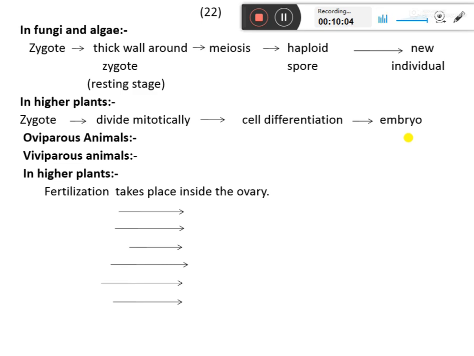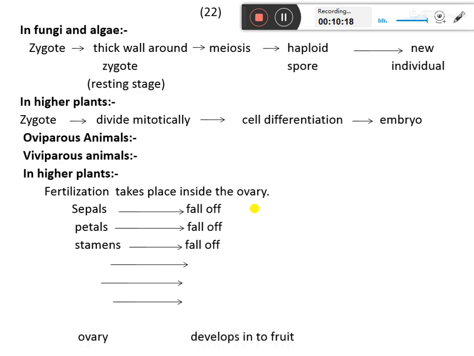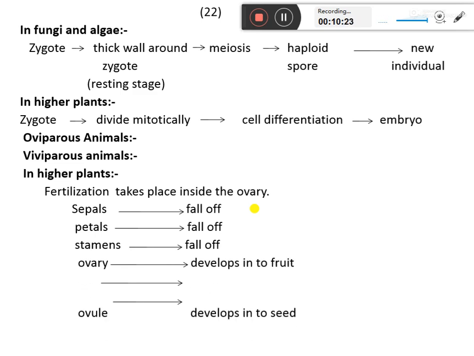In case of the higher plants, the fertilization takes place inside the ovary. After the fertilization, the sepals fall off, petals also fall off, stamens also fall off, while the ovary develops into a fruit.